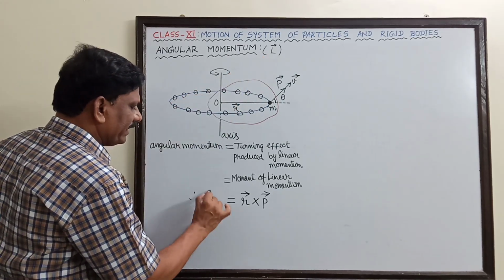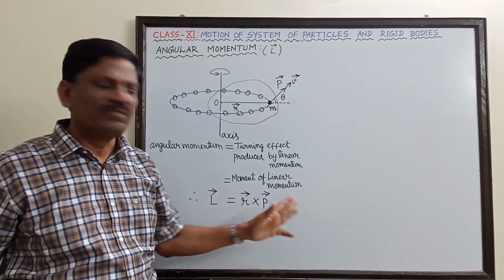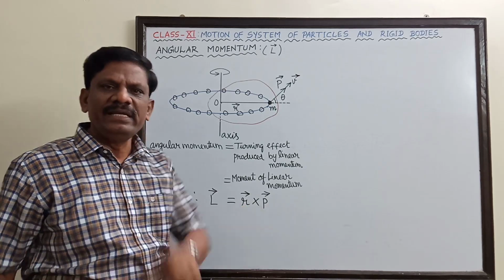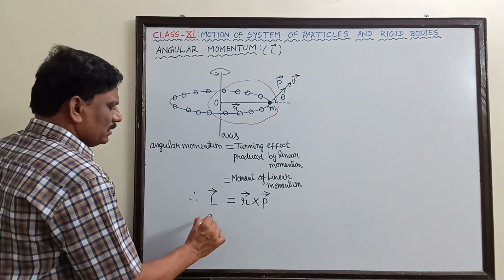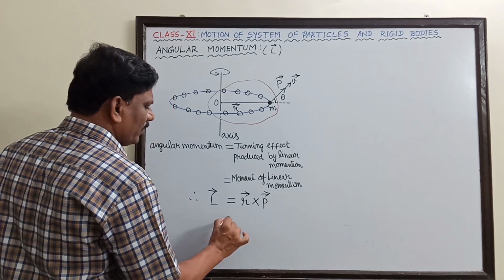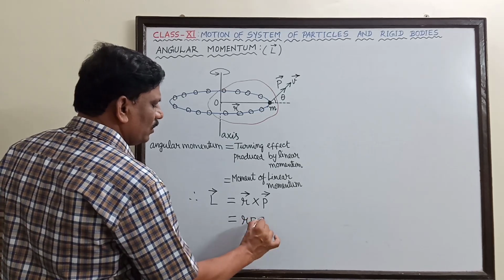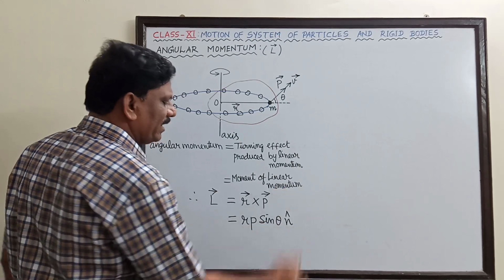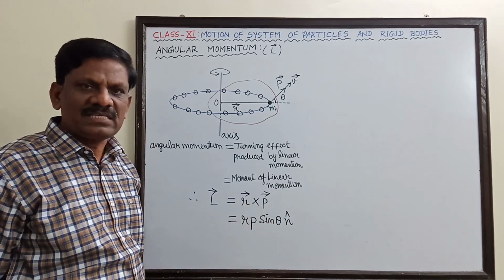Therefore, L vector is equal to R cross P, where R is the position vector or radius vector and P is the linear momentum vector. Understand? So this is equal to R into P into sine theta into the unit vector n cap perpendicular to the plane containing R and P vectors.